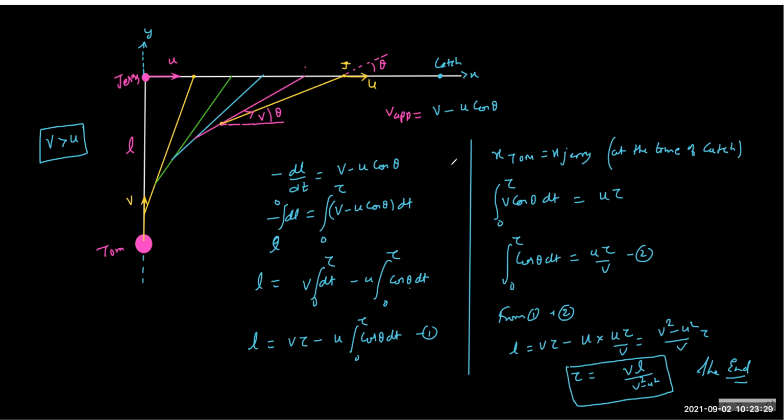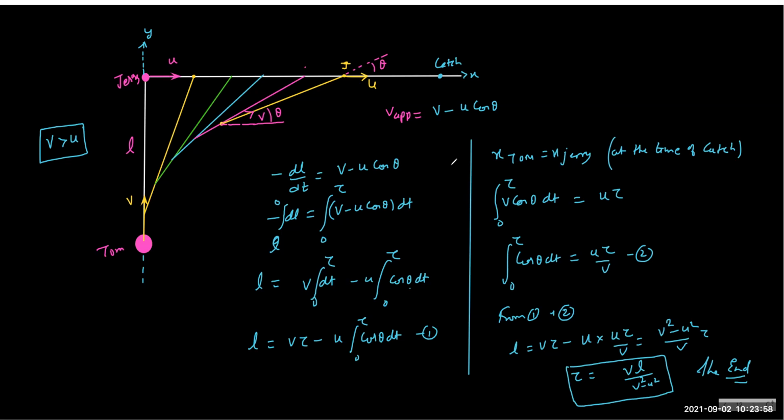Sir, why did we take the x term as integration of v cos theta dt from 0 to tau? What is the x component of Tom's velocity in general? It is v cos theta. And how to find the x displacement? X velocity into time, for a small interval dt, and then we integrate to get the net x displacement.